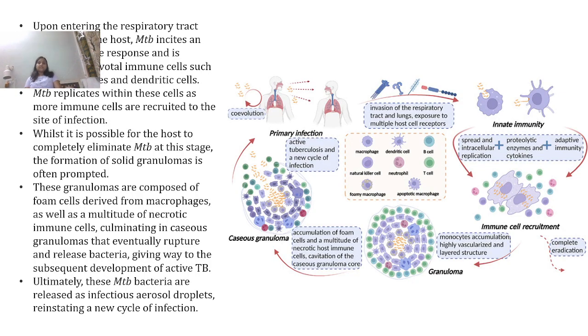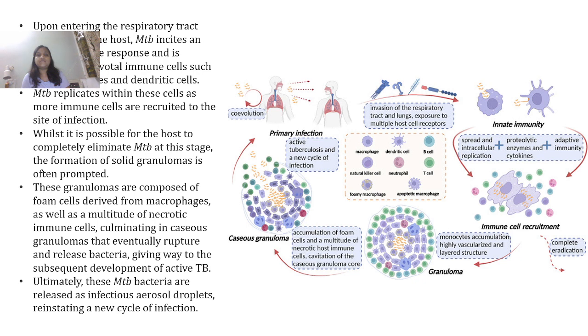So this is the way in which it infects a host. First, it enters the respiratory tract and lungs of the host. Then it incites an innate immune response and is engulfed by pivotal immune cells such as macrophages and dendritic cells. Here you can see it can spread from one person to another via air also.